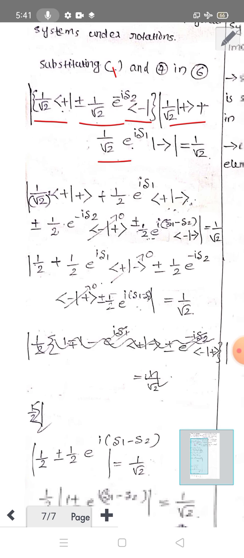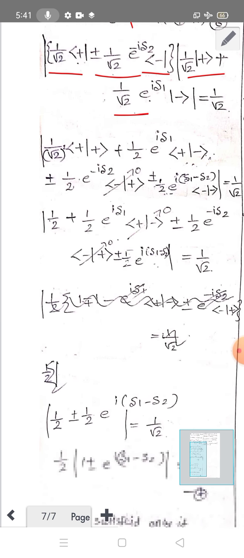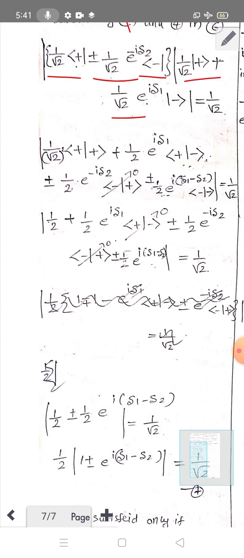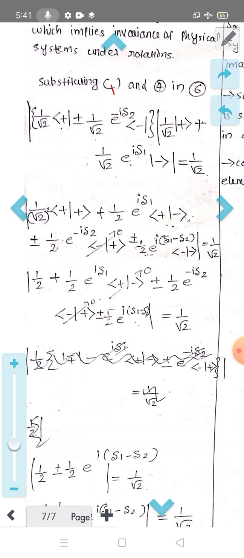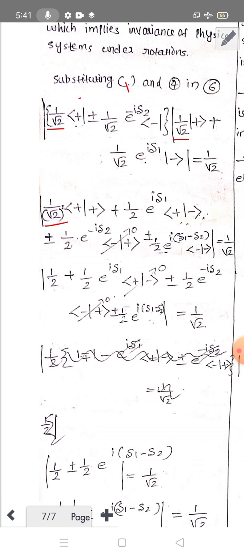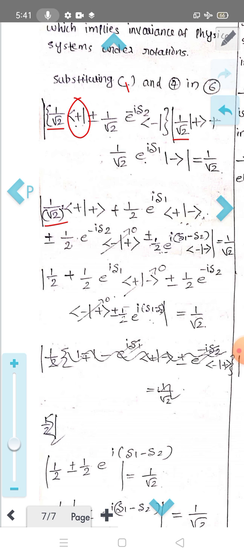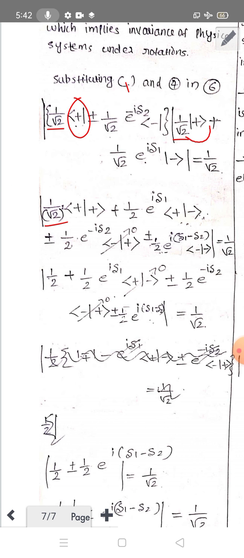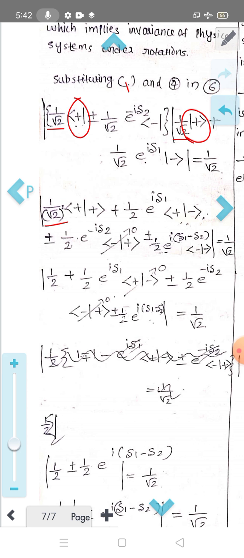So again we must be careful here. This 1/√2 and 1/√2 become 1/2. This is bra plus and here is ket plus. We must take it in order.